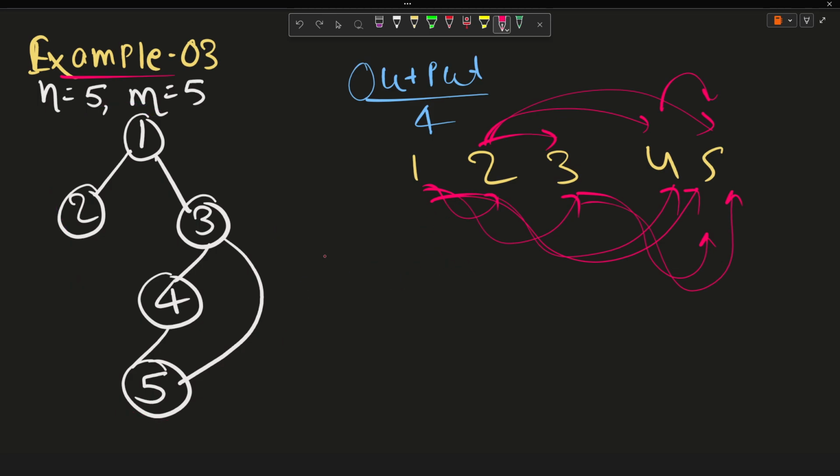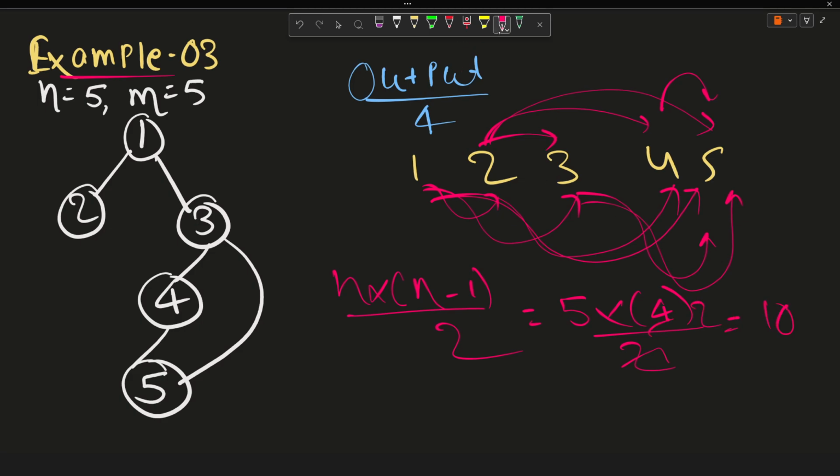Now the question is how you will calculate the total number of such pairs, like 1 2, 1 3, 1 4, 1 5, then 2 3, 2 4, 2 5, and then 3 4, 3 5, and finally 4 5. Just use this formula: n into n minus 1 divided by 2. Since the value of n here is 5, it is 5 into 5 minus 1, that is 4, divided by 2, so it will give you 10.